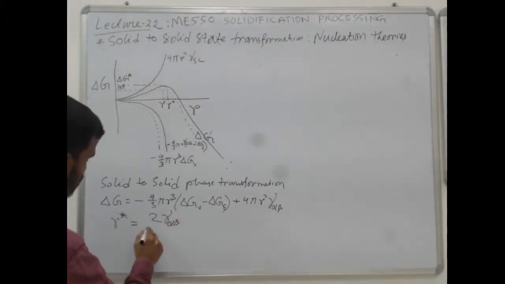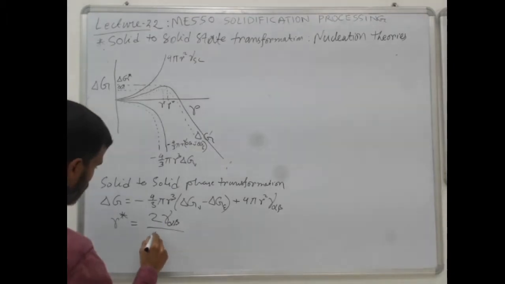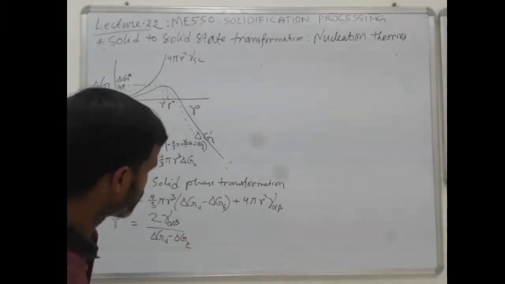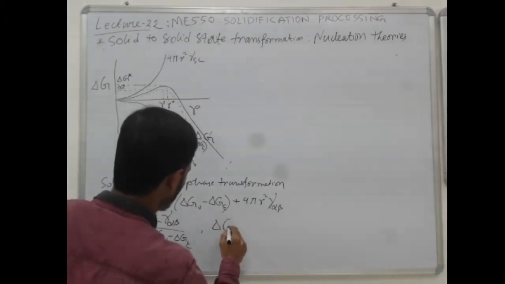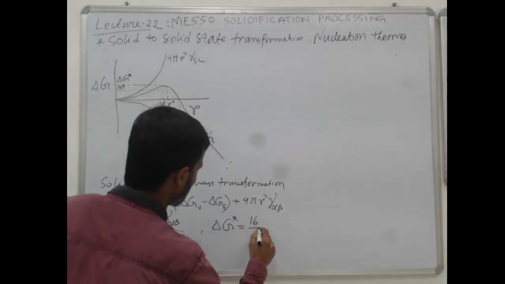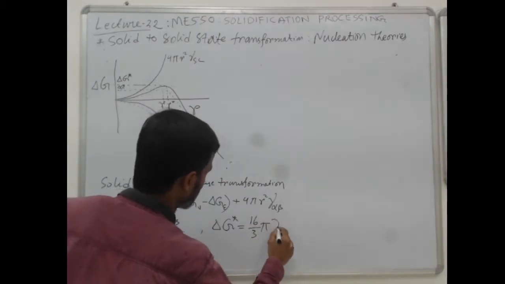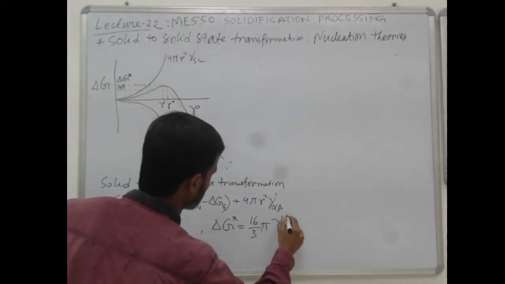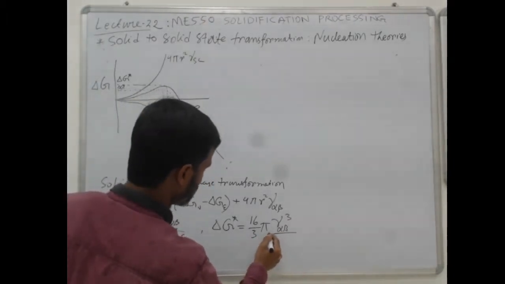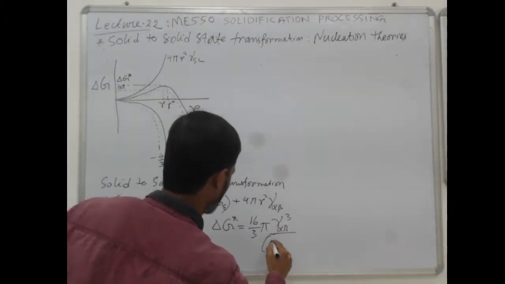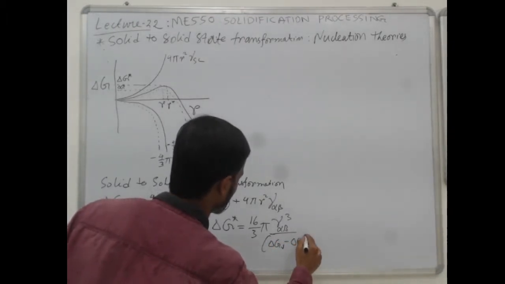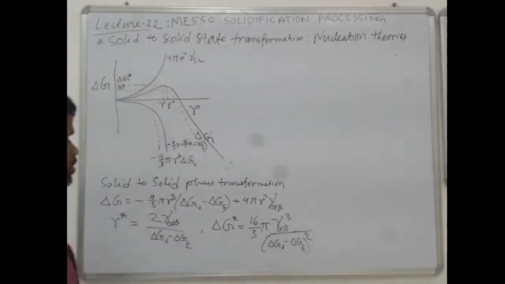r star is 2 gamma alpha beta by delta G V minus delta G E. We also got the equation of delta G star as 16 by 3 pi gamma alpha beta cube by delta G V minus delta G E square.